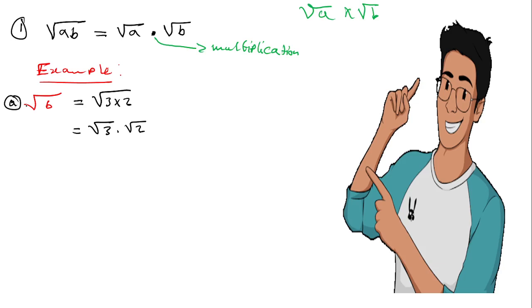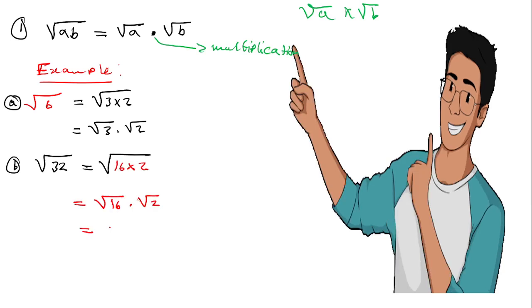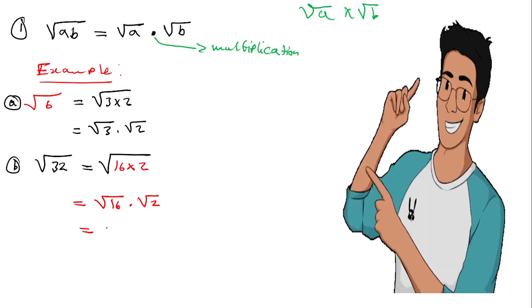So this can just be written as square root 16 dot square root 2. What is the square root of 16? Can someone help us? 4. So this is the same as 4 square root 2.